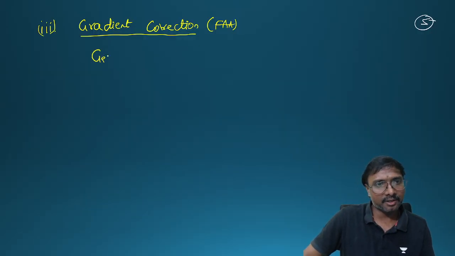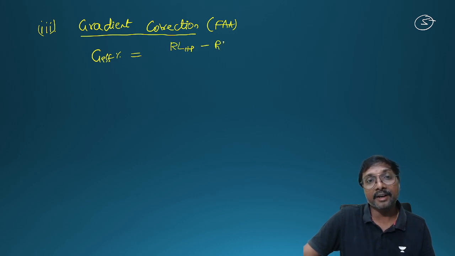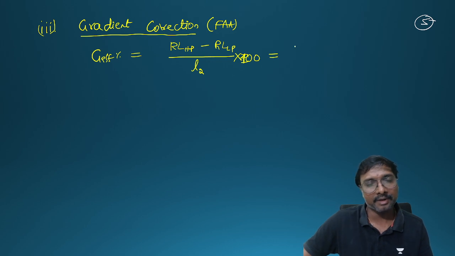First of all, what is the effective gradient percentage? That is the reduced level of the highest point minus the reduced level of the lowest point, divided by the length of the runway just before considering this gradient correction, whatever the length available, into 100. The difference is already given as 6 meters in the question.